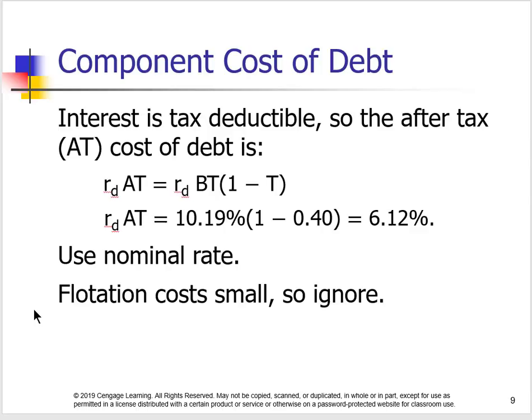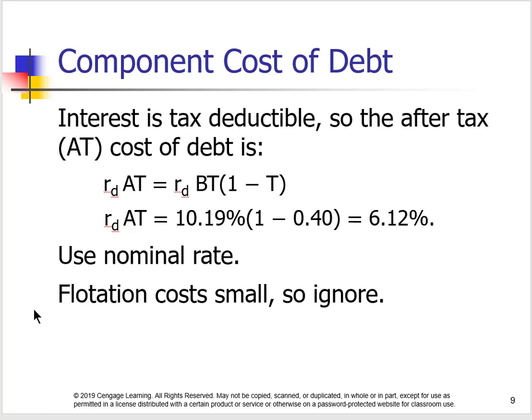And of course, here's the math of how that works. 10.19 is the before-tax cost. The 6.12% is the after-tax. They also mention here flotation costs are small, so we can ignore them.